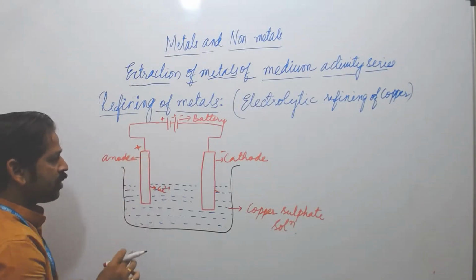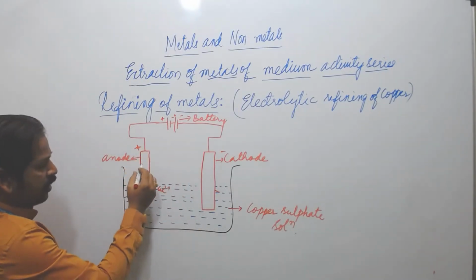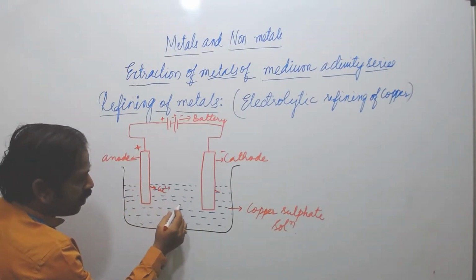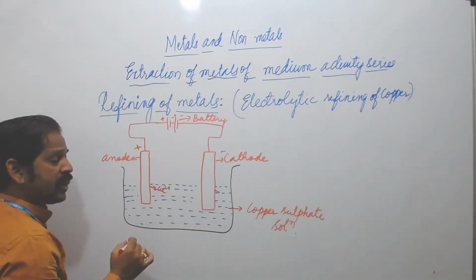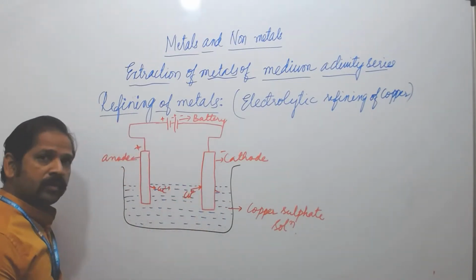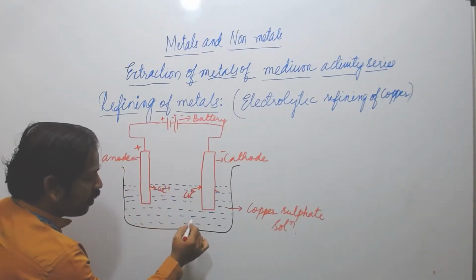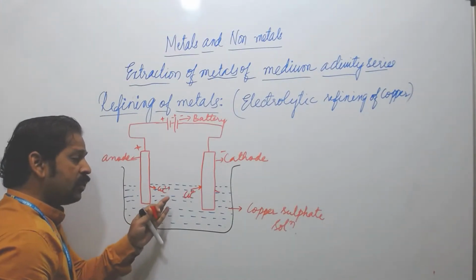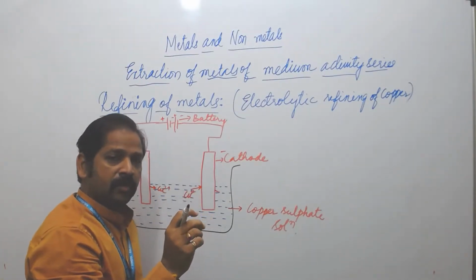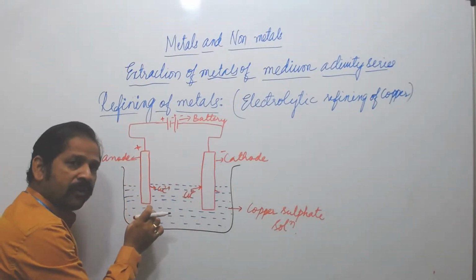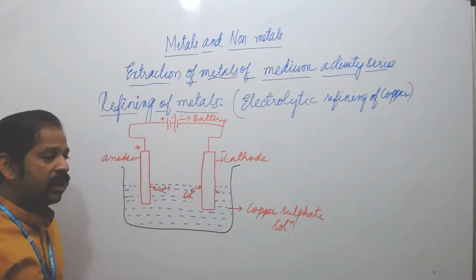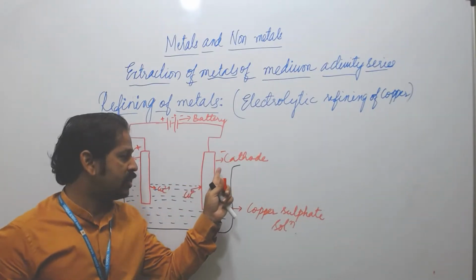The copper on the anode moves into the copper sulfate solution, and the same quantity of pure copper moves towards the cathode. The anode becomes thinner and thinner because all the copper deposited on it moves into the solution, and the pure copper deposits on the cathode.